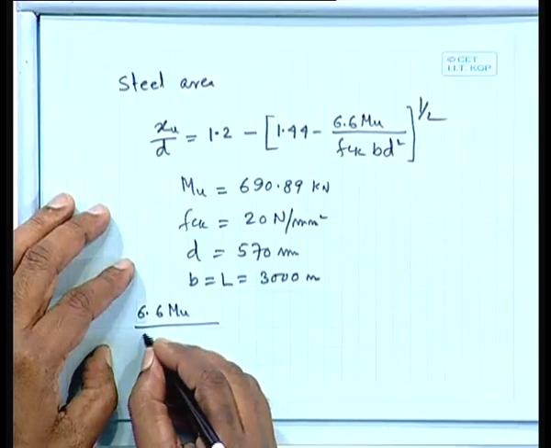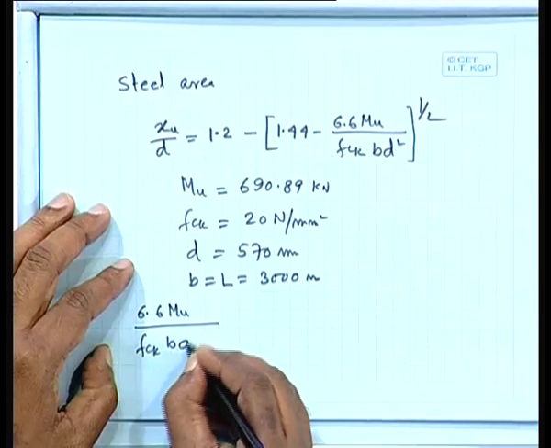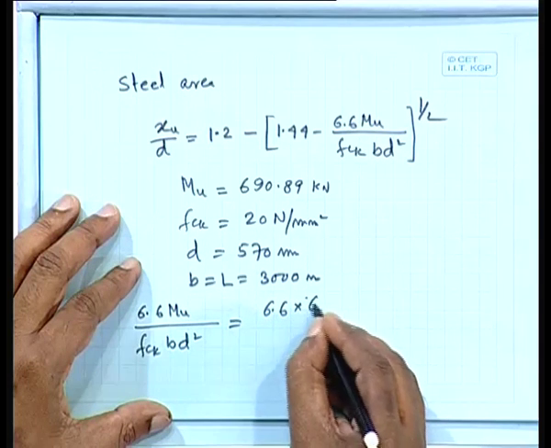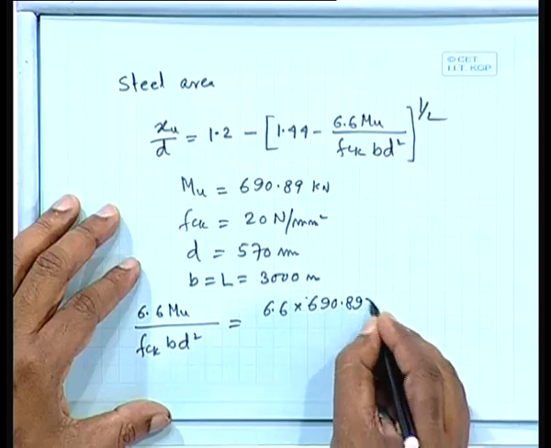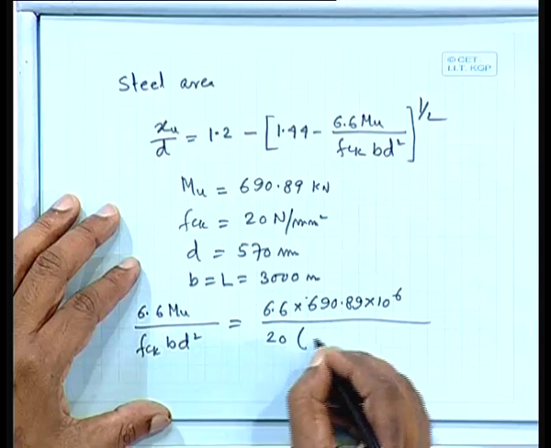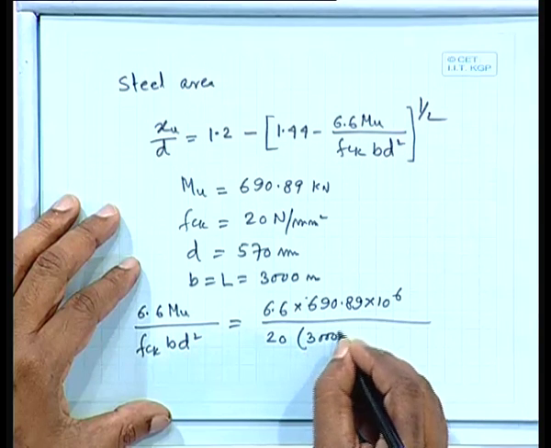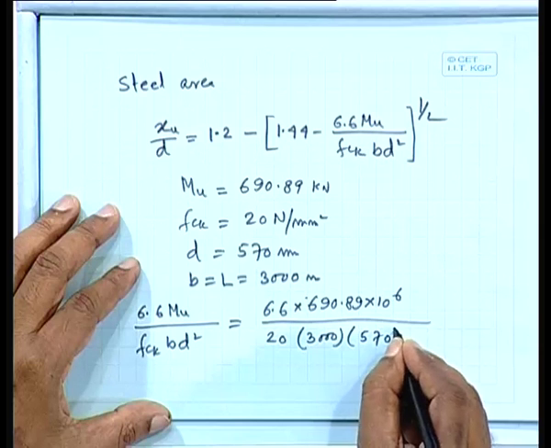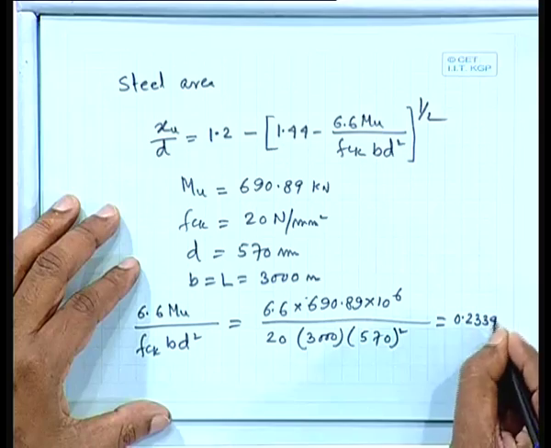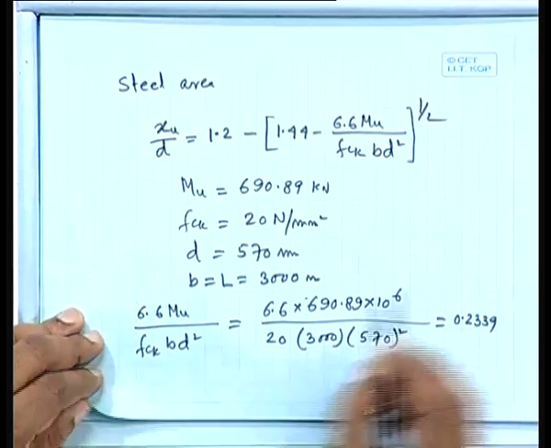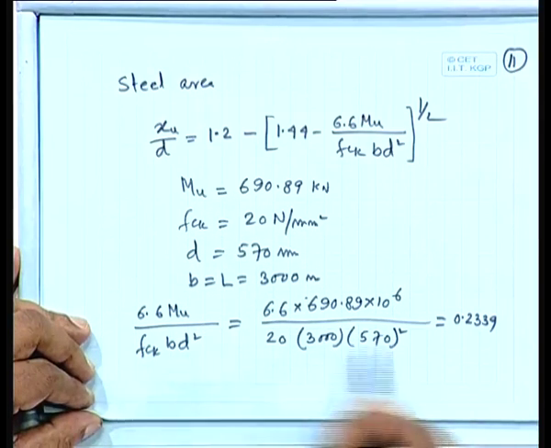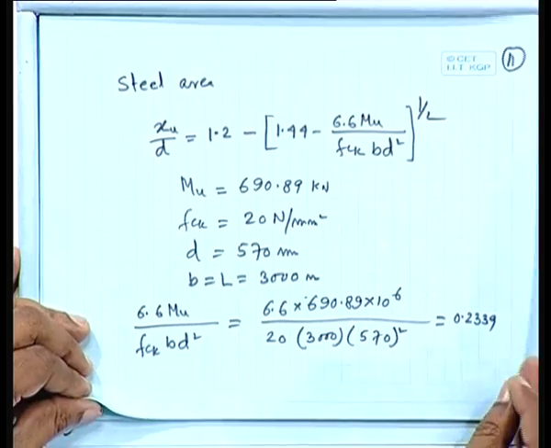6.6 mu, let us break it separately: 6.6 mu by fck B d square equals 6.6 times 690.89 into 10 to the power 6 divided by 20 times 3000 times 570 square, equals 0.2339. So, what about xu by d?